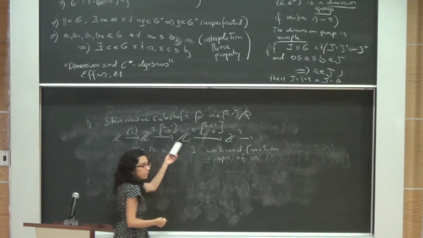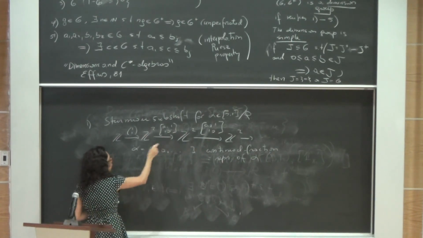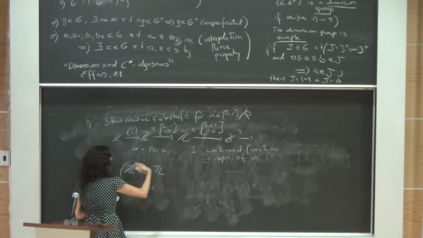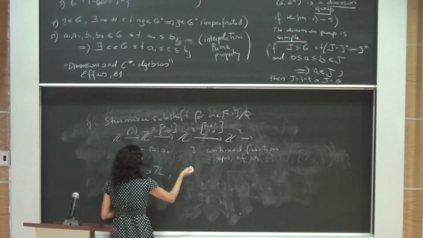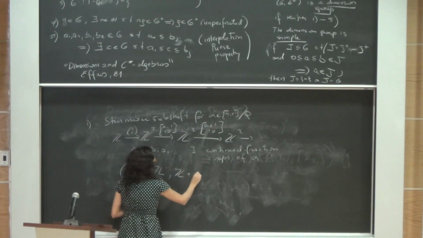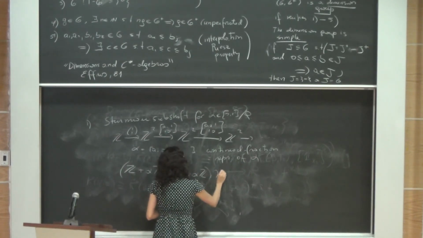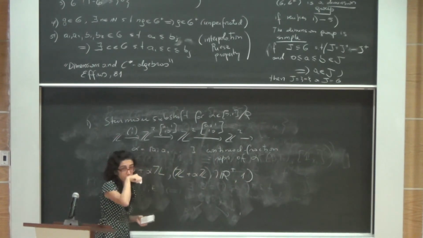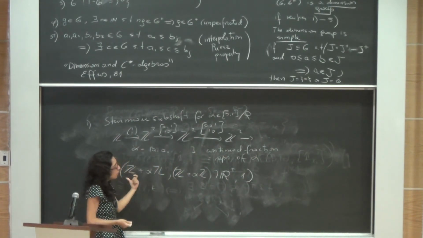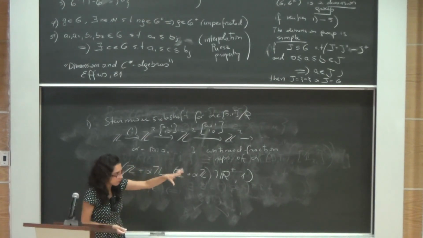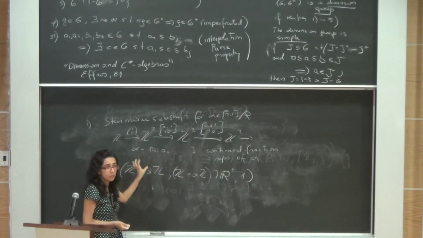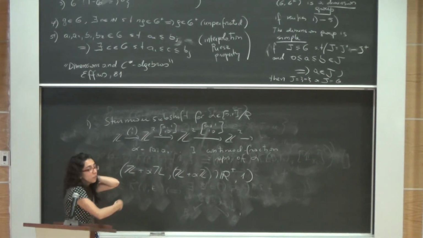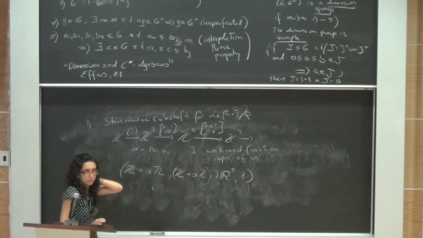And in that case, the dimension group that you get is Z plus alpha Z. The positive cone is this intersected with the positive reals, and the unit is 1. So this is another case of a uniquely ergodic system, and the groups are very different, the group of the odometer and this group. So these are not orbit equivalent.